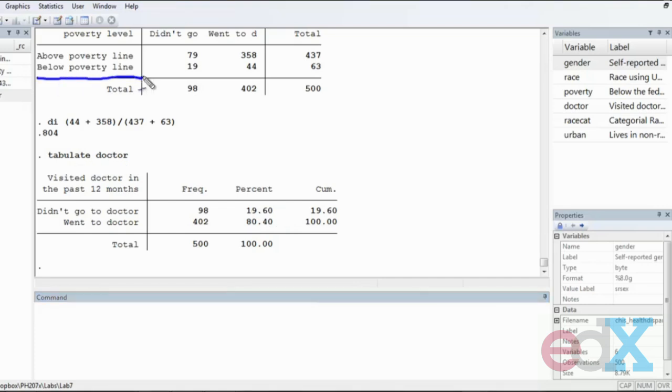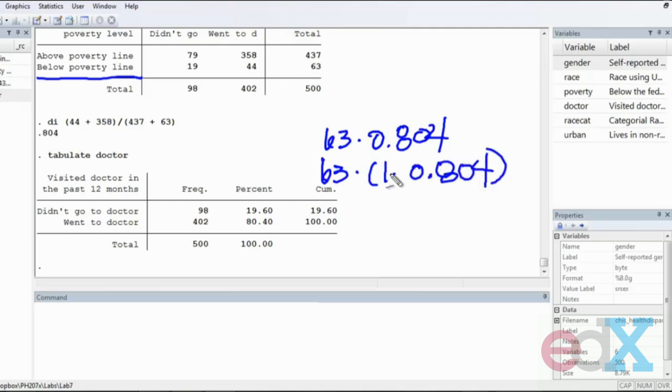So for those who are below the poverty line, I can check the normality assumption. I would do 63 times 0.804, and I would do 63 times 1 minus 0.804. And I find that these numbers are about 50.7 and 12.3.